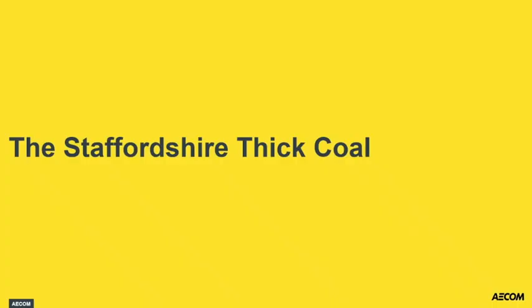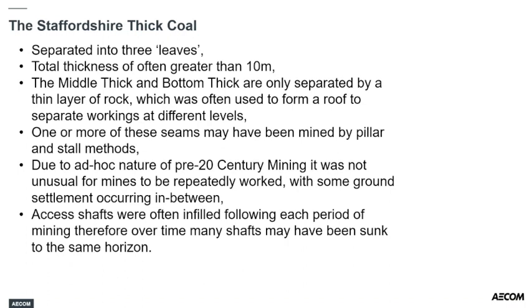I just want to talk, very briefly, about the Staffordshire thick coal. This is a particular coal seam that is unique to the West Midlands and the Staffordshire coalfield. It's a very, very thick seam, separated into 3 leaves. The total thickness is often greater than 10 metres.